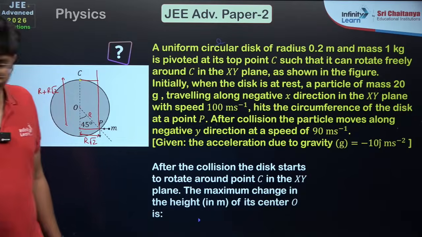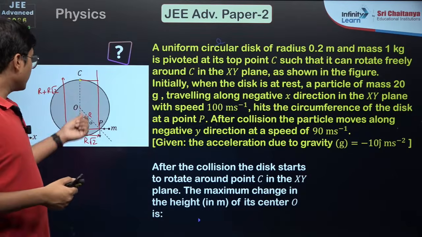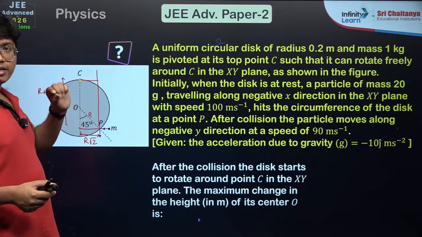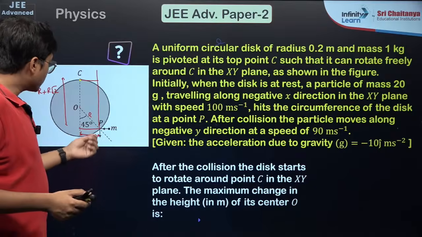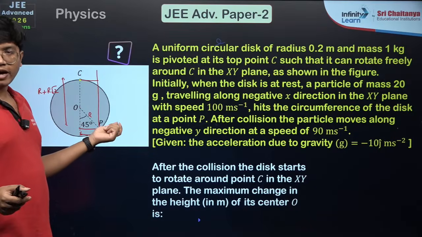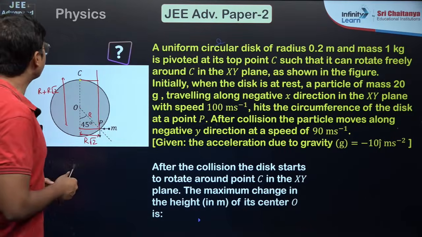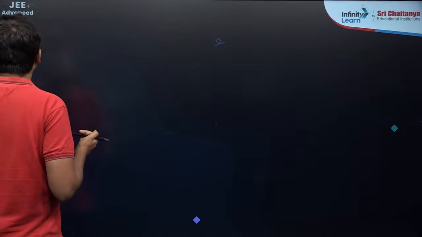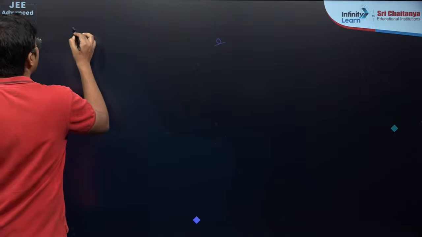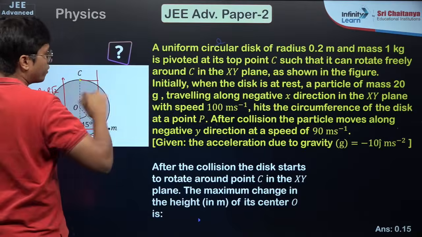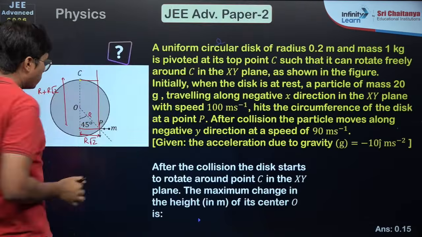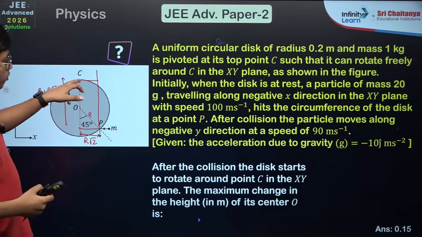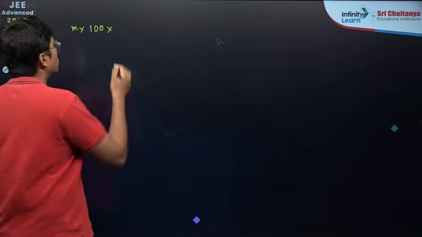We got that setup. In that setup, now you try to find what is the net angular momentum before collision. Before collision, only this m had angular momentum. It was m into v1, m into 100, into what was its perpendicular distance from the axis point? It was r into (1 plus root 2).